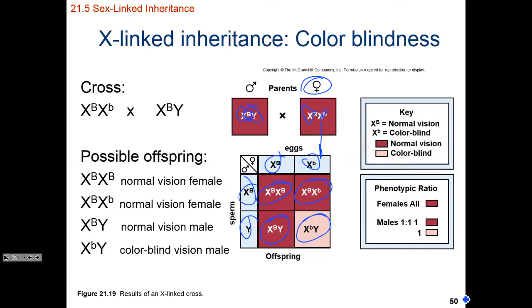So if mom is a carrier for the color blindness, there is a 50% chance that her male offspring will be colorblind. If mom is colorblind, there is a 100% chance that her male offspring will be colorblind. If mom is colorblind, there's only a 50% chance that the daughter will be, assuming the dad is not.